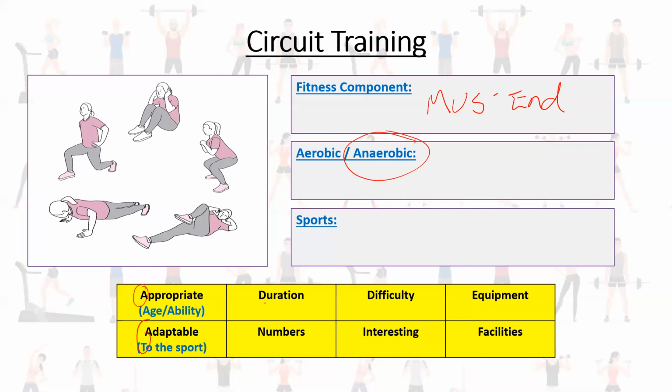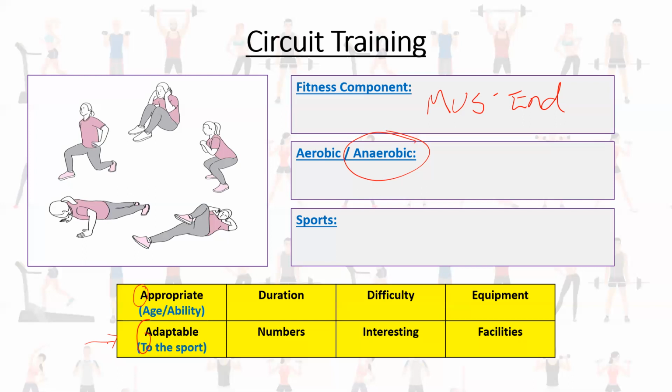It could be that it is appropriate, but it could also be for certain performers maybe less appropriate because they're not going to benefit so much. Is it adaptable to this sport? So can you adjust it? Can you alter it in terms of how it's done to make it beneficial for your sports performer? And again, circuit training is very adaptable in terms of how you can adjust the exercises and the structure of the circuit.